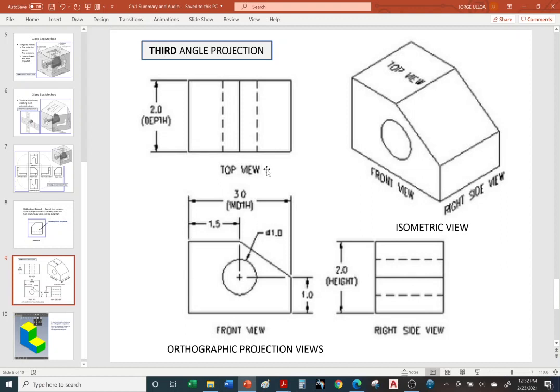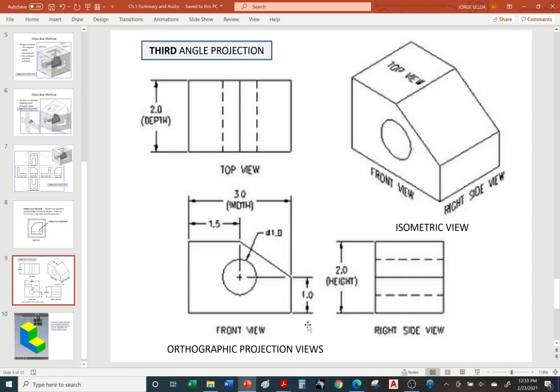One of the rookie mistakes I see with students or even interns, their views are not lined up. They'll have the right side view floating out here in space somewhere or down here, but everything needs to line up. It's important that all three views line up. That's the reason they're called orthographic projections. If it's not lined up, something's wrong.